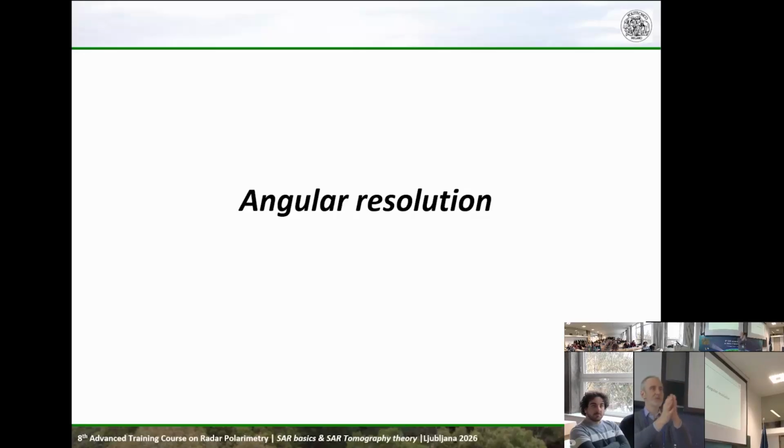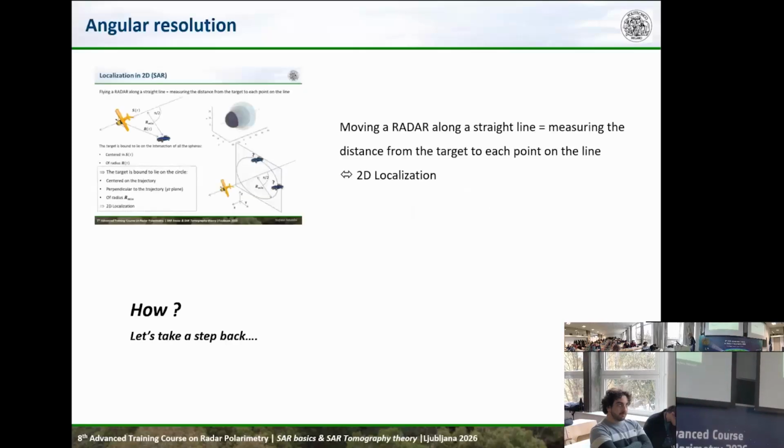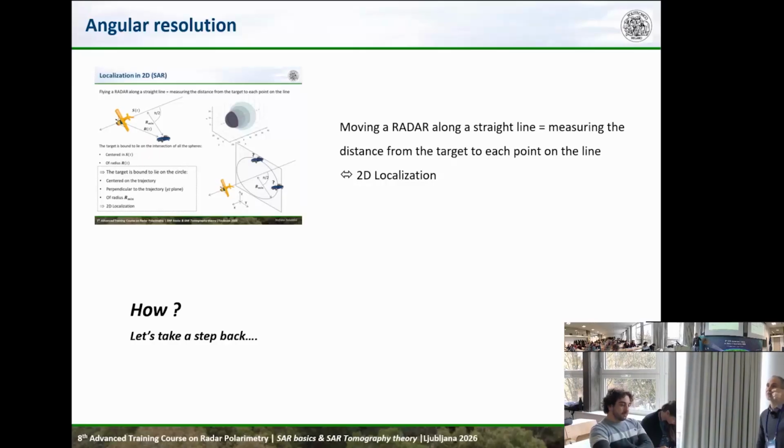So to resolve you guys, I need an angular resolution. So I need to be able to resolve targets in range and in angles. And this is exactly what we do now. So we say that geometry provides you with this nice interpretation, so that the target has to stay on the intersection of all the spheres.